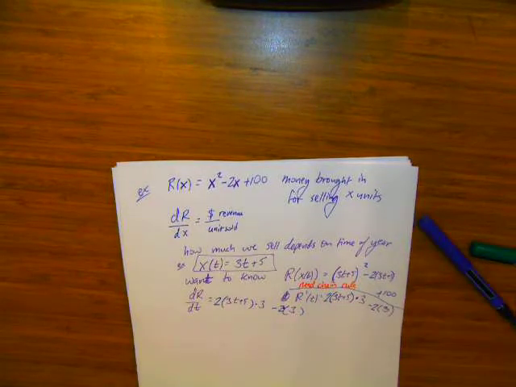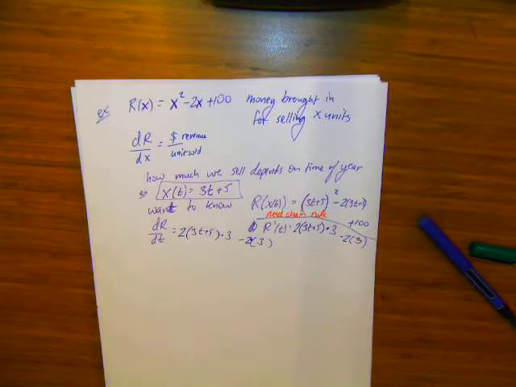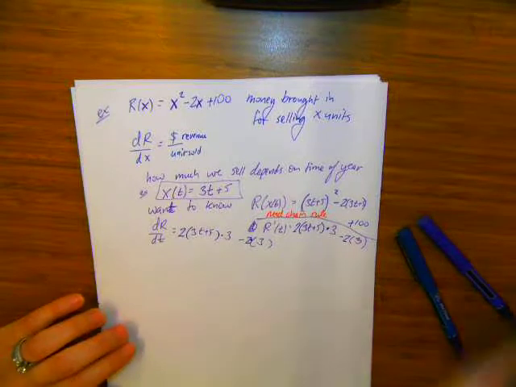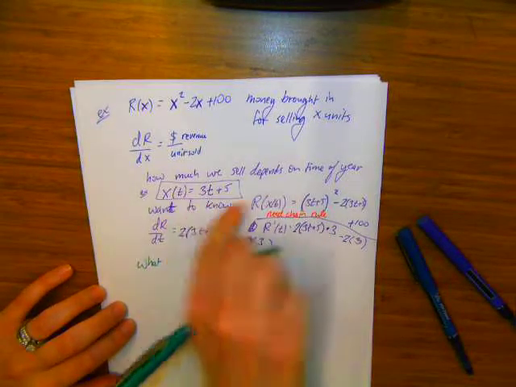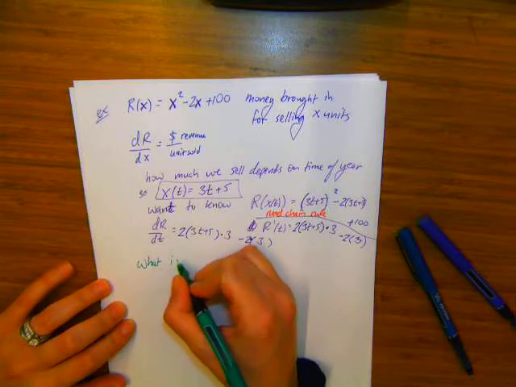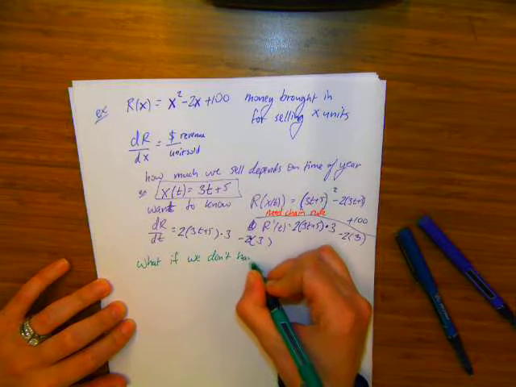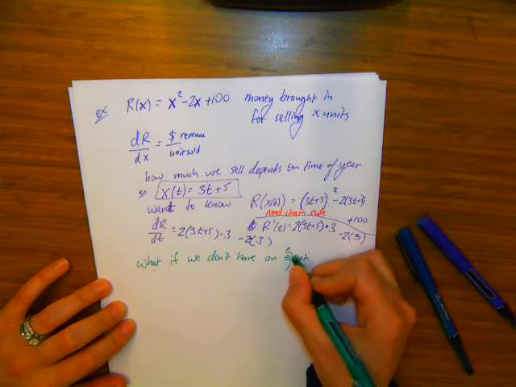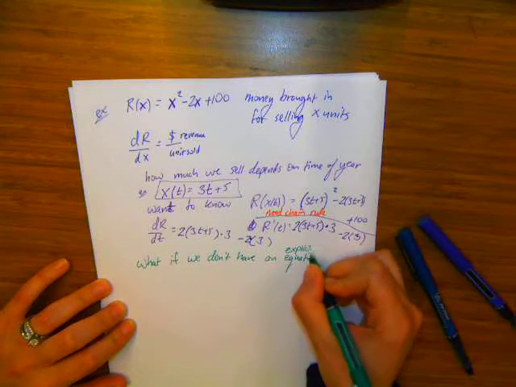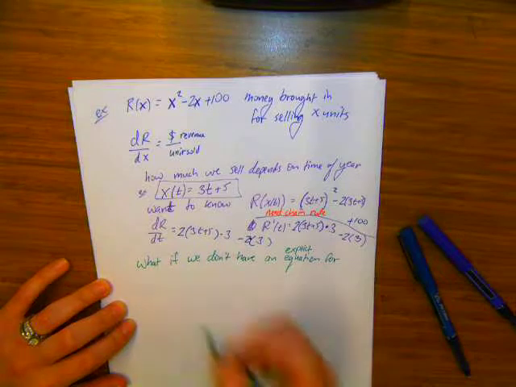Okay, we need to use chain rule to do that. This section says, well, what if you weren't given an equation for the model? What if we don't have an equation? An explicit equation for what the variable depends on.